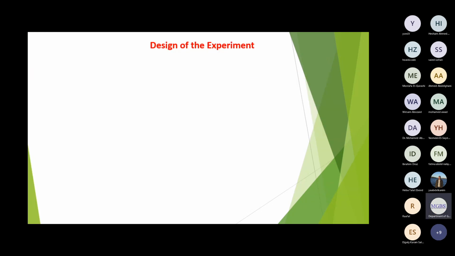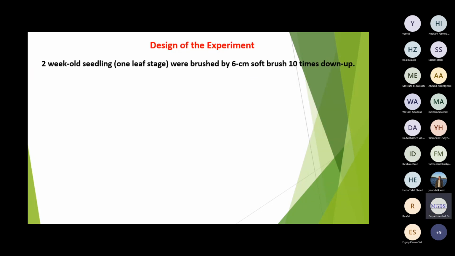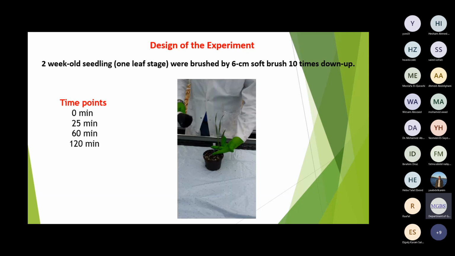So how did we design the experiment? We have 2-week-old barley, oat, and wheat plants, and we treat these plants with mechanical stress. How do I treat them with mechanical stress? By brushing the leaves. So I will show it now.